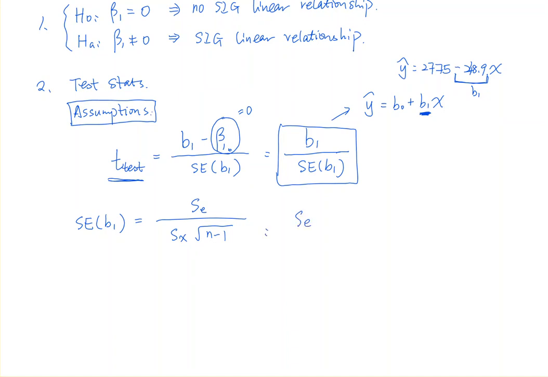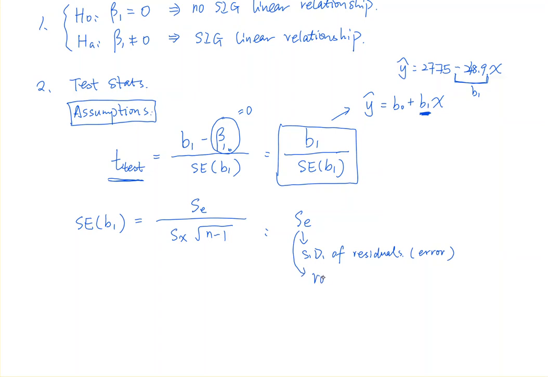Let's talk about each piece. What is the standard error of the residuals? First, it is called the standard deviation of the residuals, or we call it the standard deviation of error. It's the same thing. But this SE also has another name.